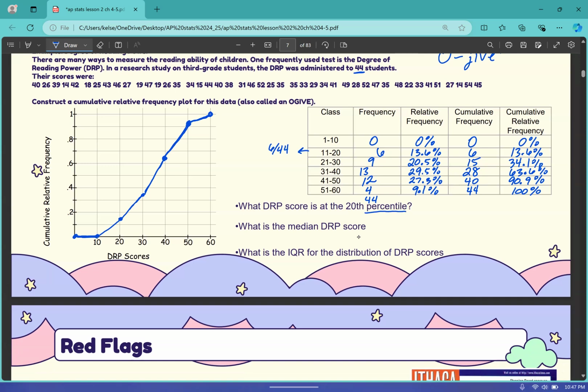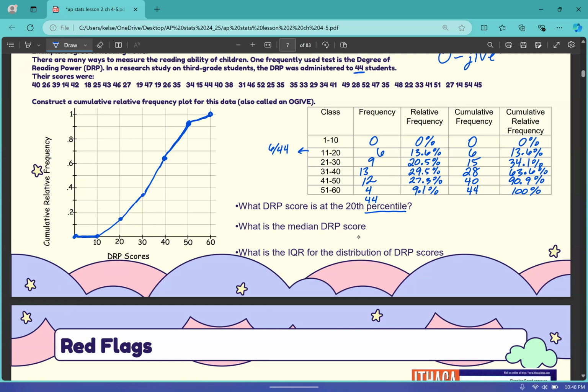Okay, and then we can also find the median, the first quartile, and the third quartile, because the values on our y-axis are all percentages. Q1, median, and Q3 all correspond to a specific percentage. This one asks, what DRP score is at the 20th percentile?